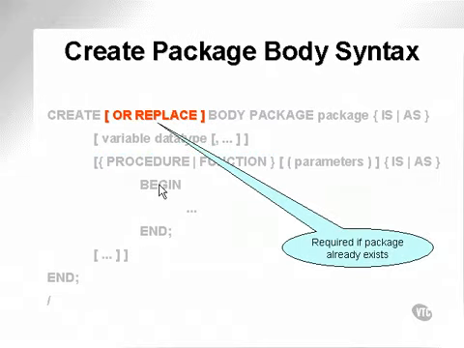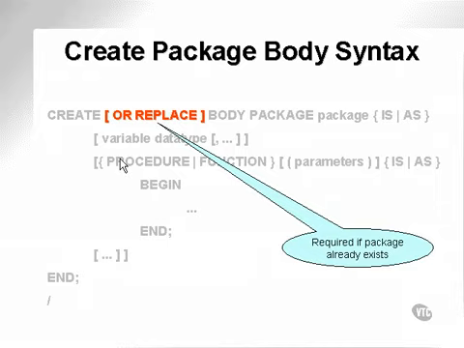Very simple. Now the create package body syntax. The package body is the part where all the actual real live code for all the functions and procedures, as defined in the definition section, are actually created and coded. Again, the syntax for creating or replacing is exactly the same, except that you now have the keyword body in there.